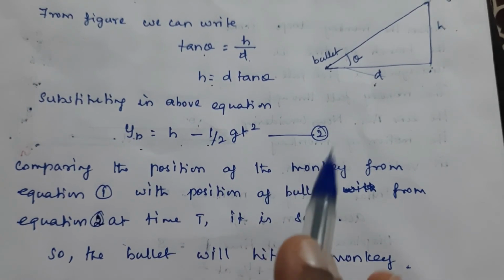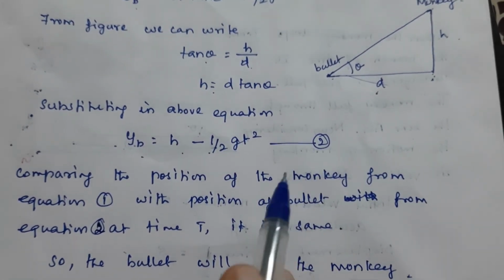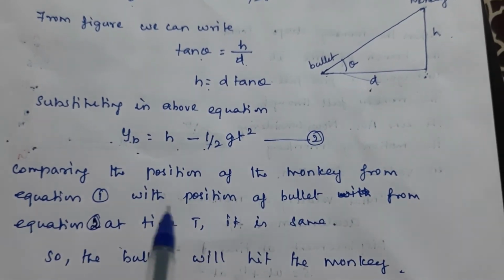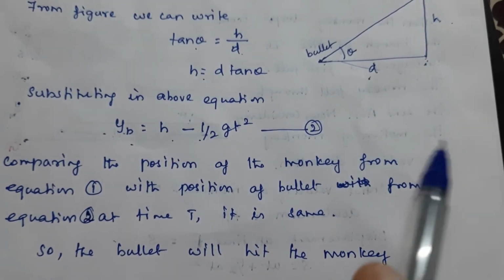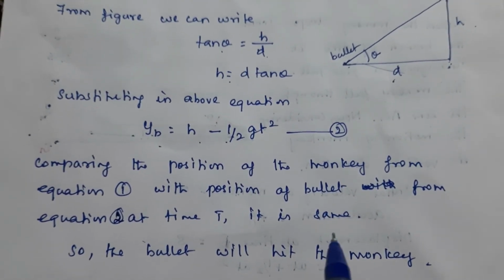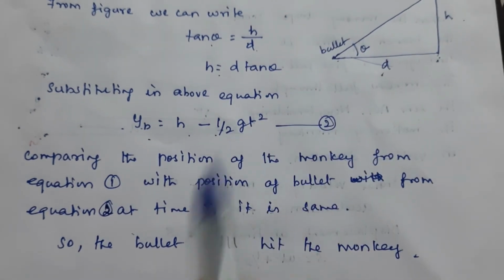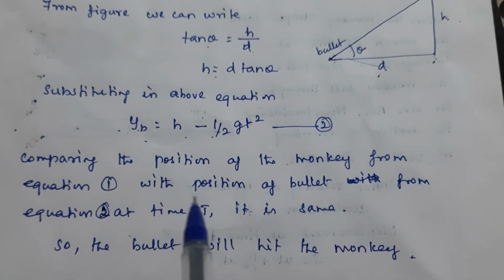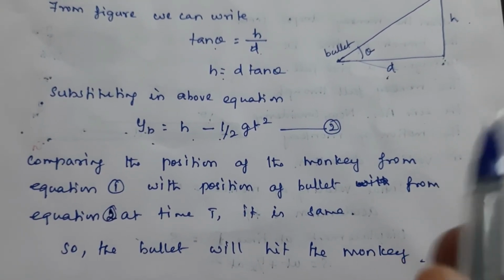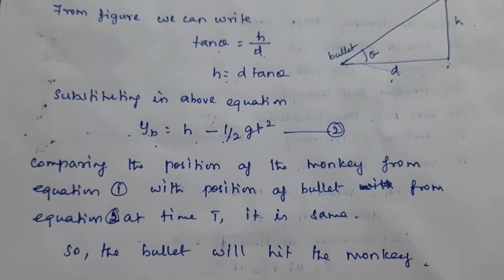So at time t the position is the same, so there is a possibility of the bullet hitting the monkey. So the bullet will hit the monkey because both the positions, of the monkey as well as the bullet, are the same.